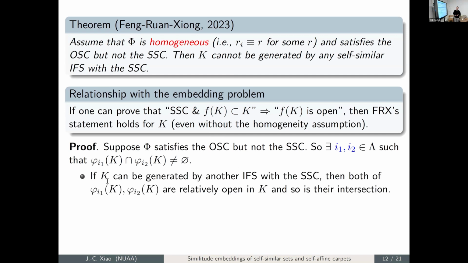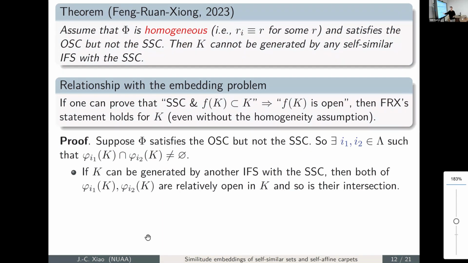But if in a perfect world you can find another iterated function system of this particular self-similar set with the strong separation condition, then you can regard this self-similar set as a set with a stronger separation condition. And you regard these two copies as two self-embedding images of the self-similar set.